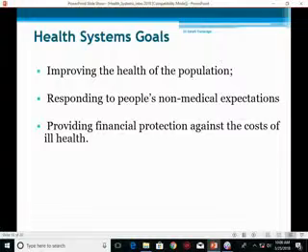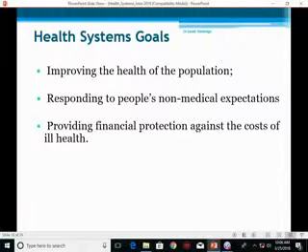Providing financial protection against the cost of ill health. Some people become poor. Some people who have been living normally, because one of their family members gets a cancer or a chronic disease, can't afford it. Sometimes they are wealthy and they become poor.